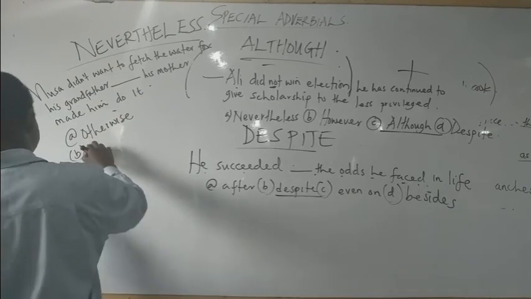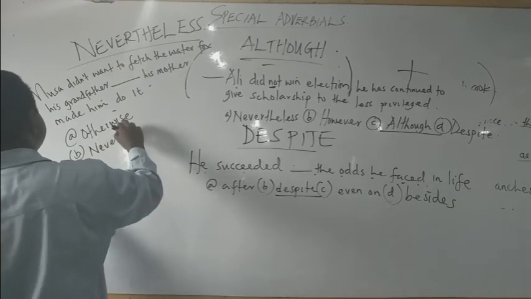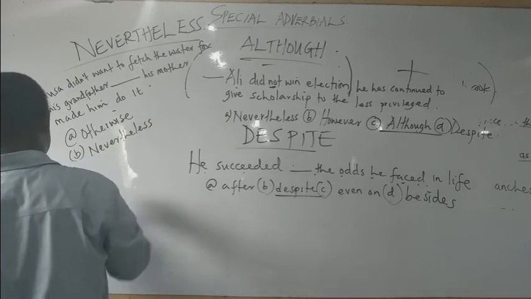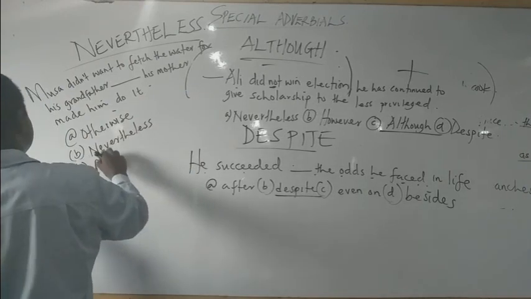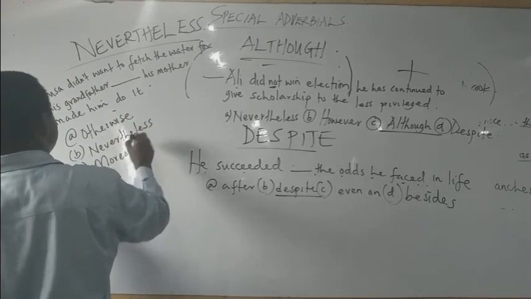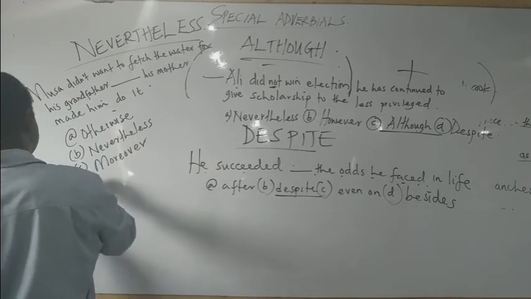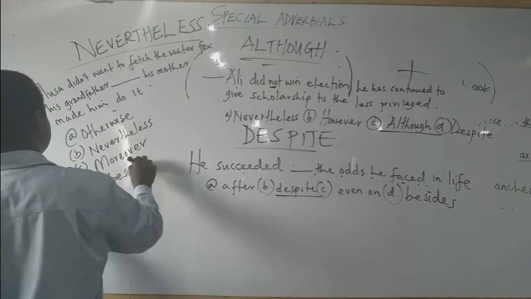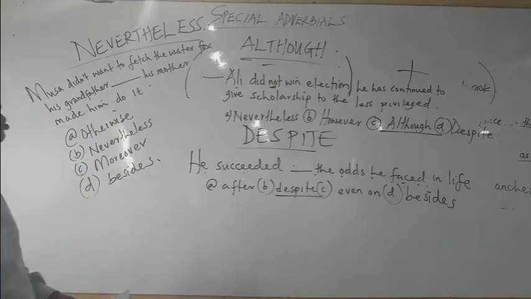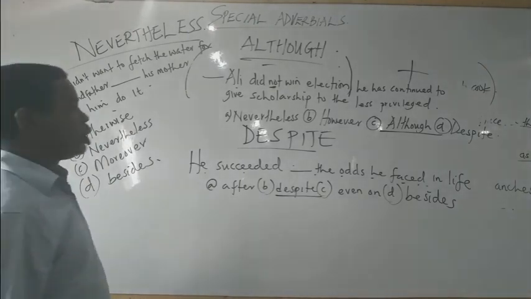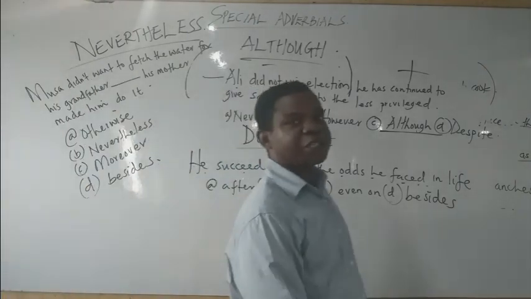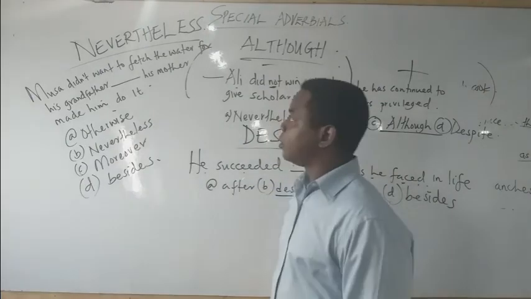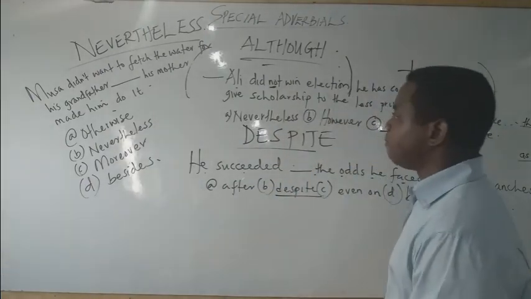A. Otherwise. B. Nevertheless. C. Moreover. Then D. Look at this instance. Musa didn't want to fetch the water for his grandfather, dash, his mother made him do it.